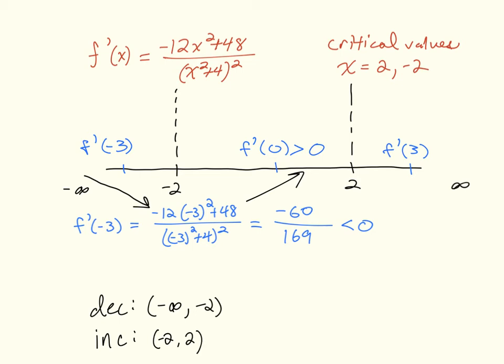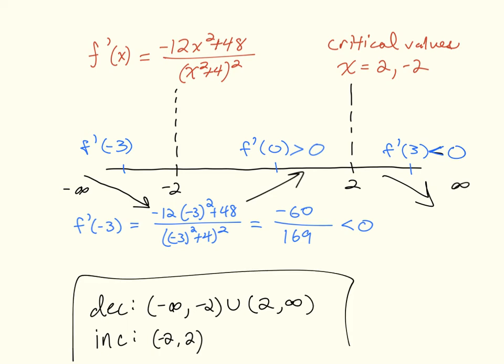And lastly, when you substitute positive 3 into the derivative, you will see that you get something back that is negative, which means the original function is decreasing on that final interval. So with the decreasing interval, I'm going to union in the other interval 2 to infinity. And here are the answers for where the original function is increasing and decreasing.